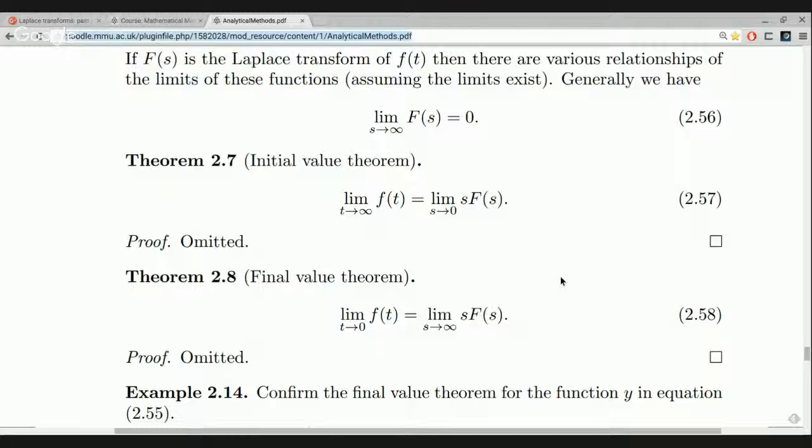The constant remains at its constant value, but this cosine is just endlessly varying between 3 and minus 3. So the function doesn't have a limit. So we should see a similar thing on the other side, that the corresponding limit of the transform function shouldn't exist either.